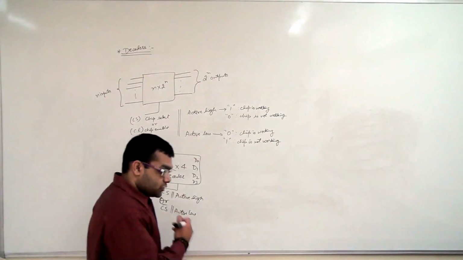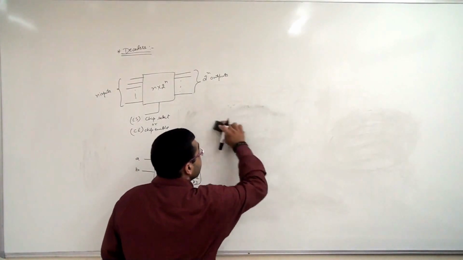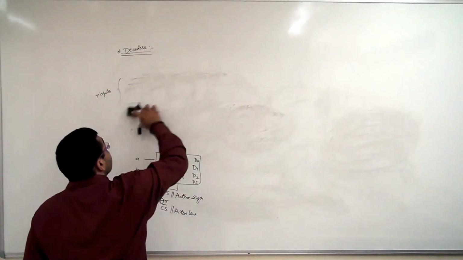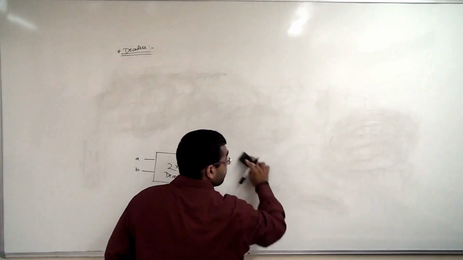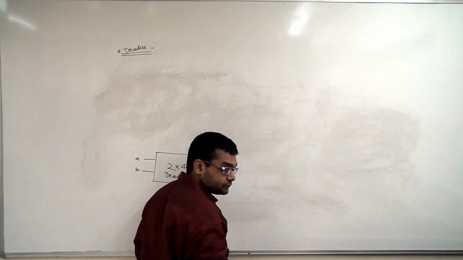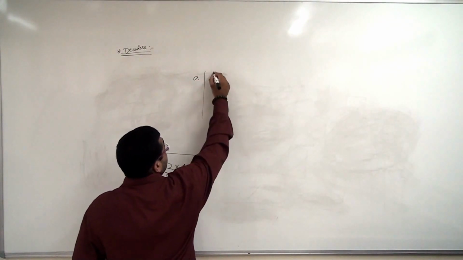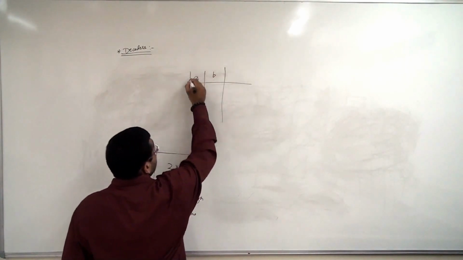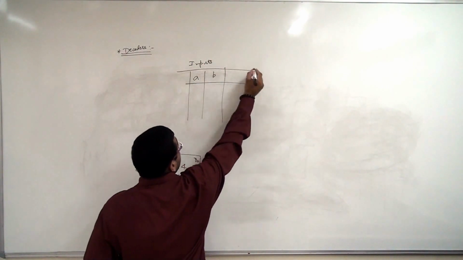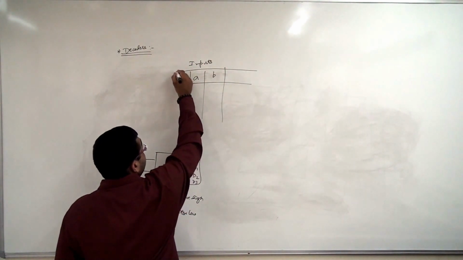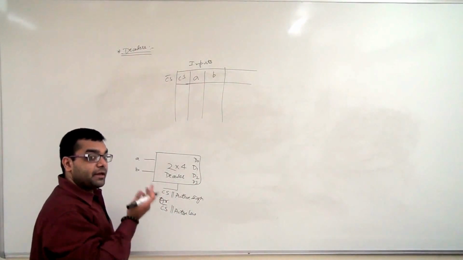Alright, so let us see its working using the truth table. These are our inputs. I will show both of them over here, like it can be active high or active low.